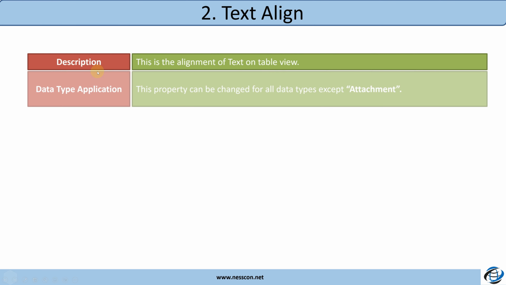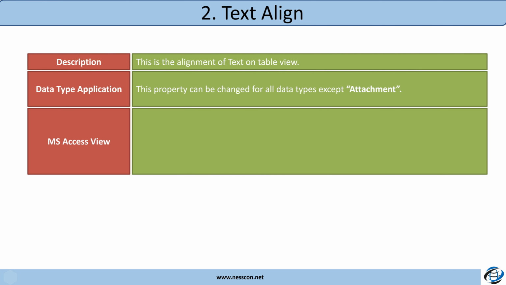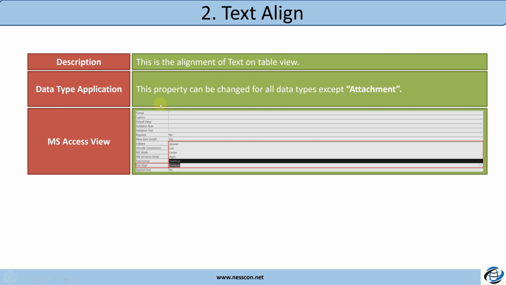This property can be changed for all data types except attachment, because attachment is not a text. This is how it looks while changing this property. Here it is, text align, and once you click on this drop down button, you can see some options: general, left, center, right, and distribute.